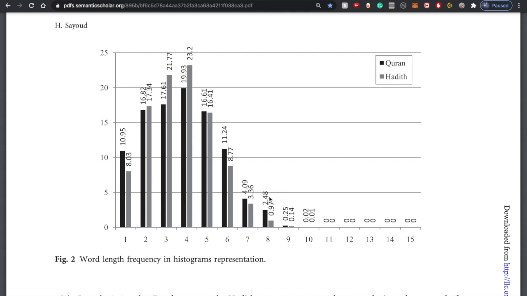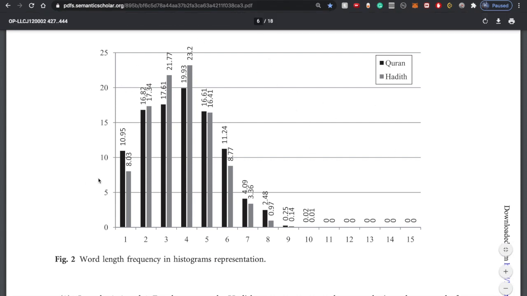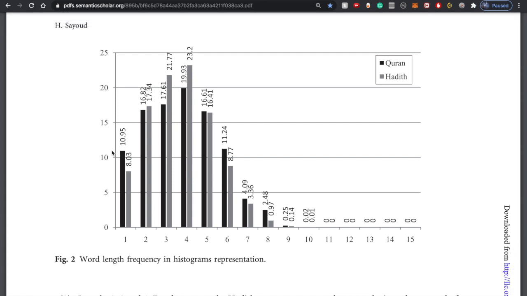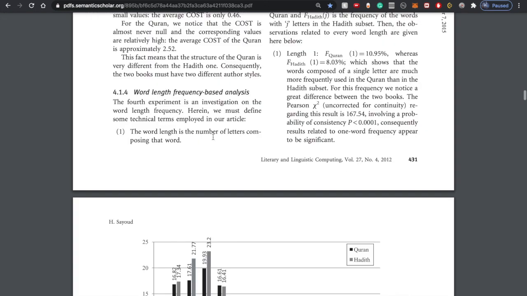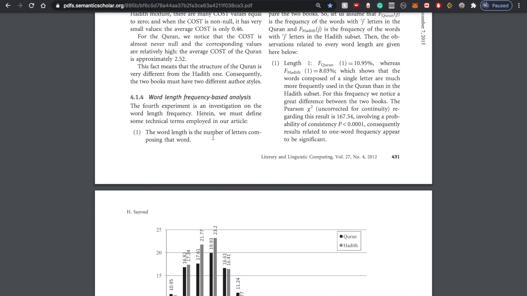Here, look at this: 2.48 versus 0.97, 0.25 versus 0.14, 0.02 versus 0.01. So the point is they're different, right? There are some word lengths that are used in the Quran more than in the Hadith, and there are some times where the Hadith is using them more than in the Quran.